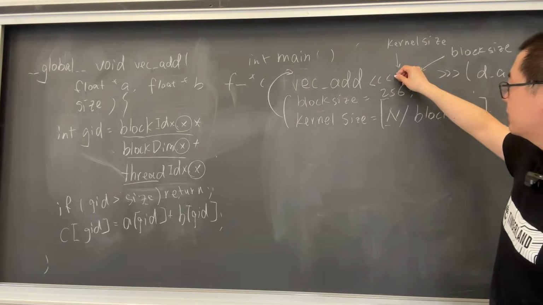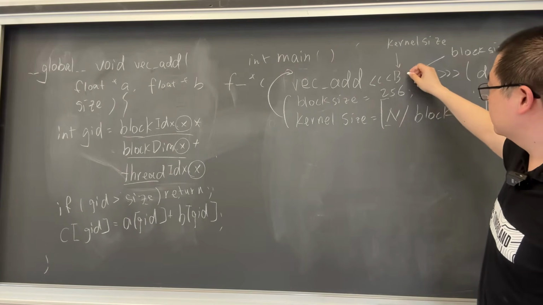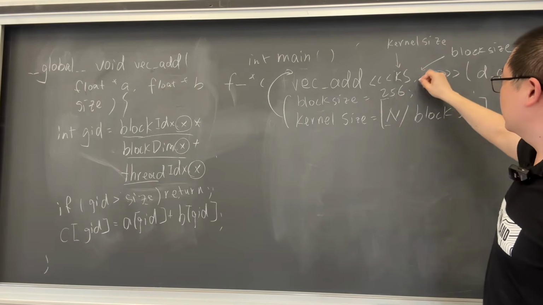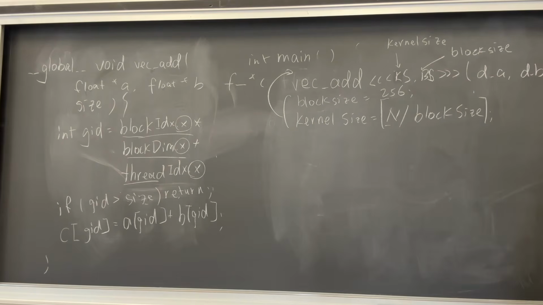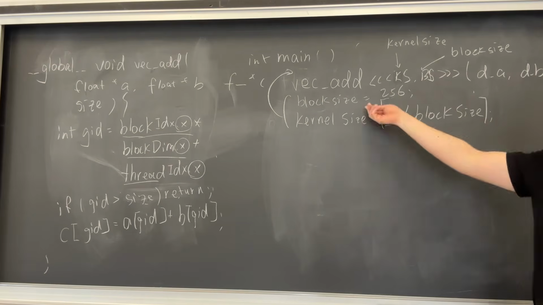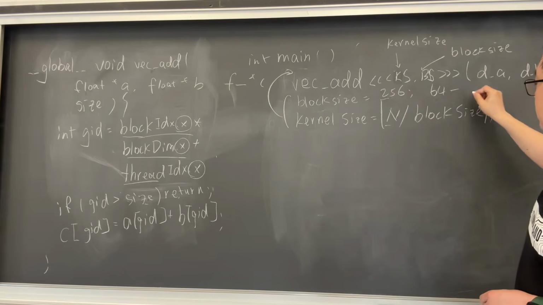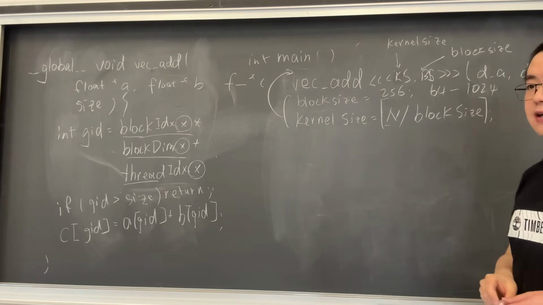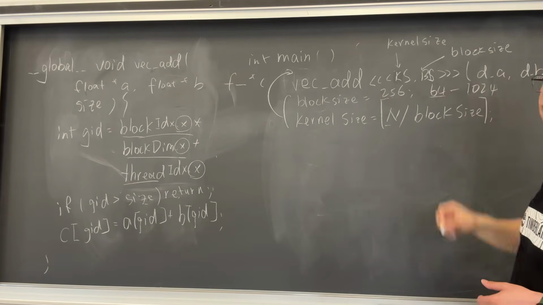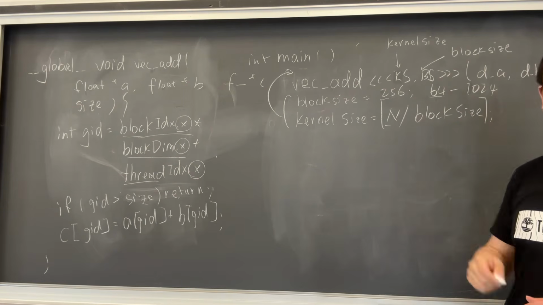Okay, now here we just need to write, I'll write it simple, kernel size and block size, just to specify how many threads you want to launch. Then for block size, typically we do somewhere between 64 to 1024, and we typically do a multiple of 64, or very likely a power of 2.